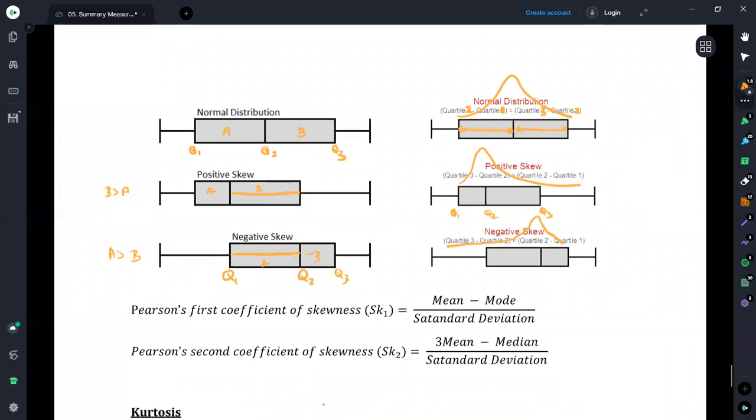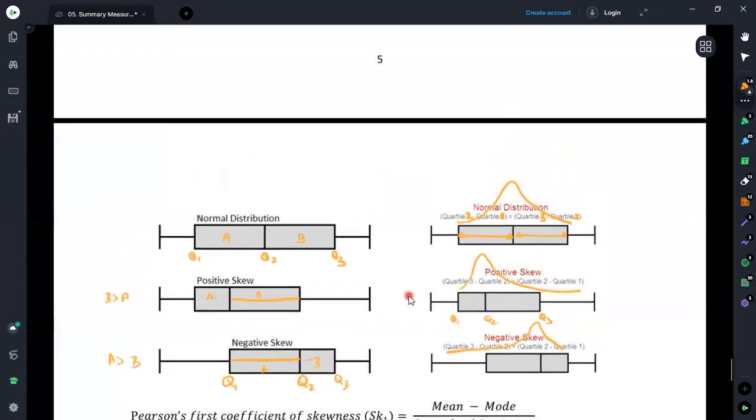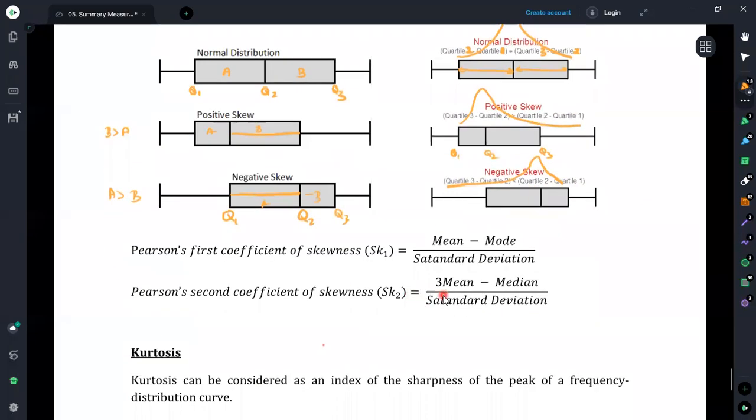And as a measure for calculation of the skewness, we can use Pearson's coefficient of skewness. Here they have defined two measurements for skewness: Pearson's first coefficient of skewness and Pearson's second coefficient of skewness. The first coefficient is calculated using the mean, mode and standard deviation.